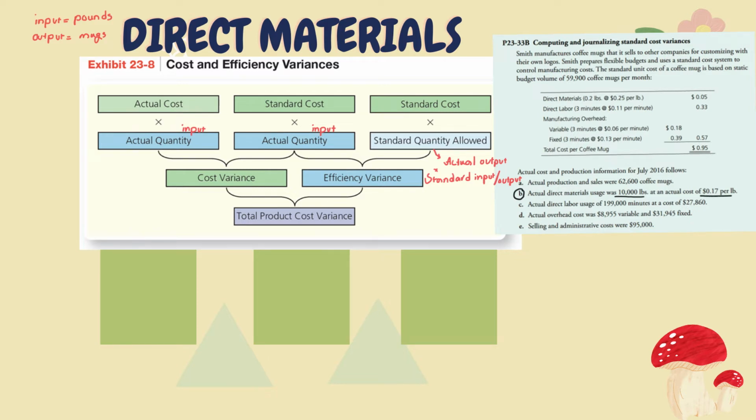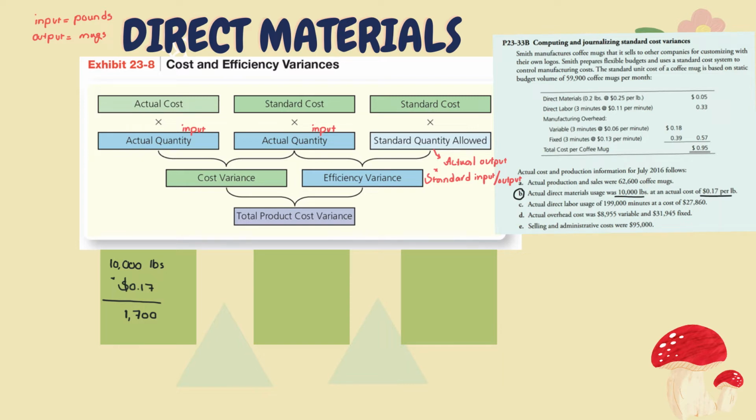So I need to multiply 10,000 pounds with 17 cents per pound, and the amount is 1,700.